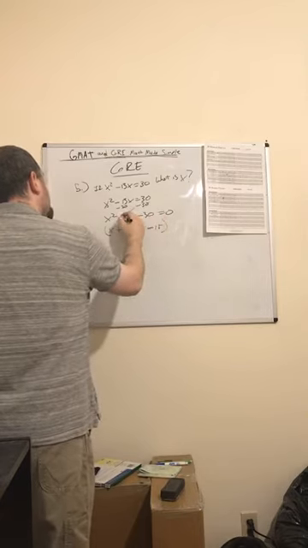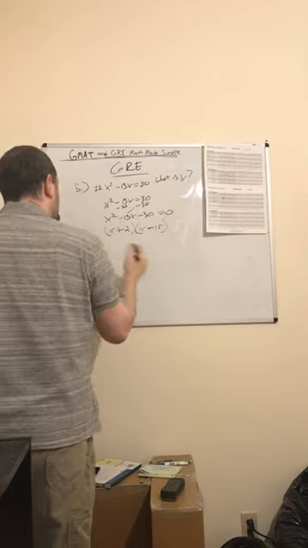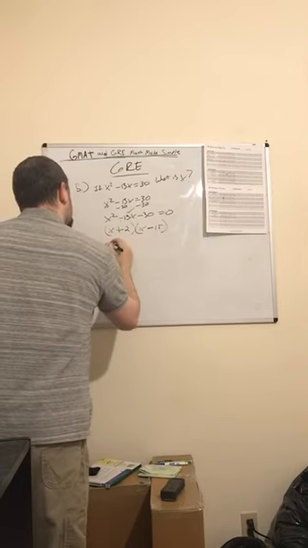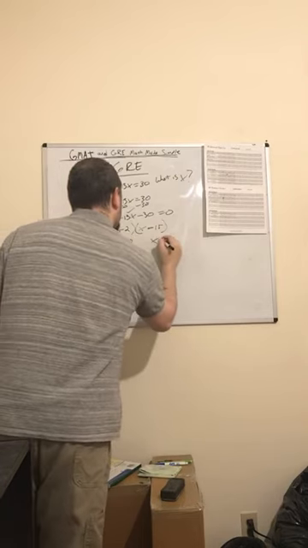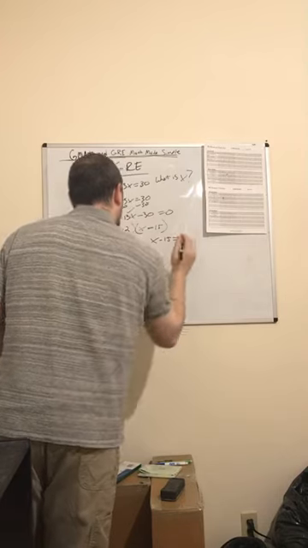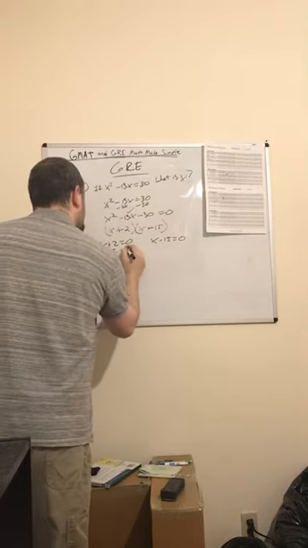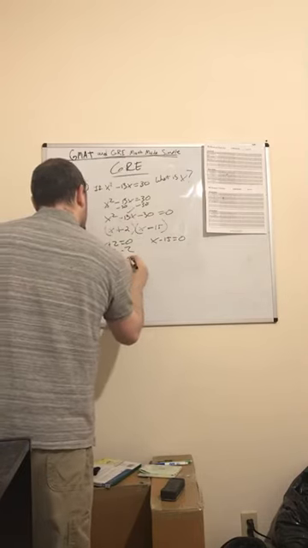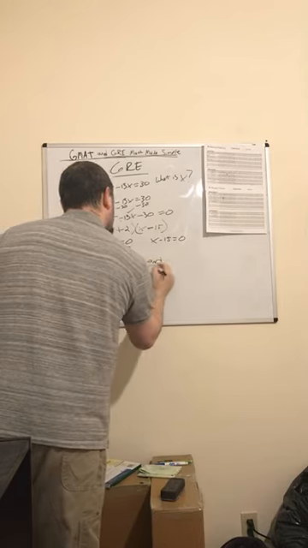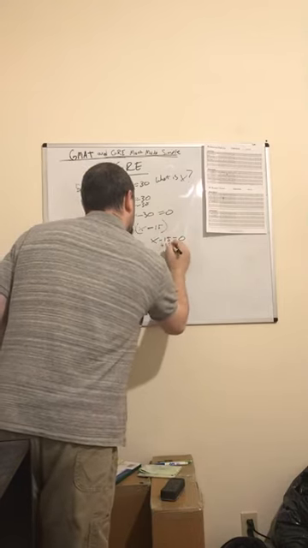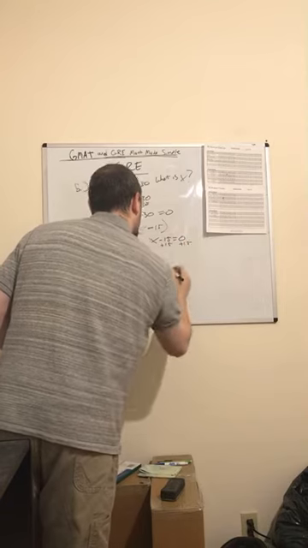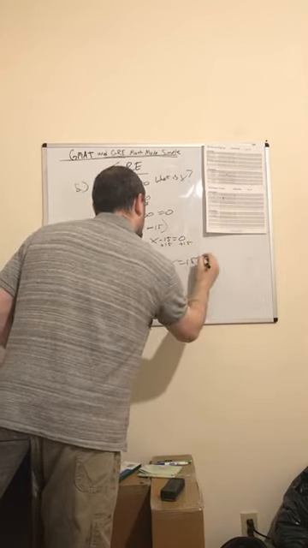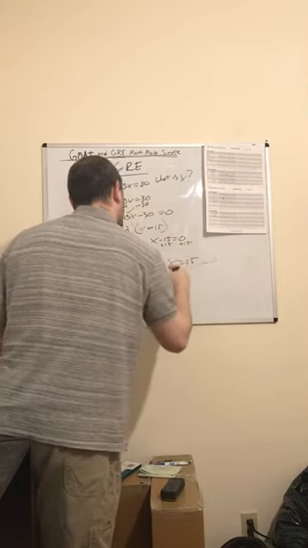Now let's put both of these equal to 0 and we can solve for x. There's the answer for number 5.